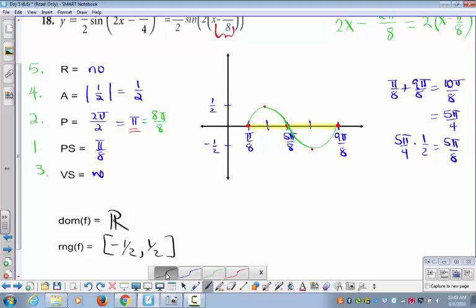Yeah, so how did you get 8 pi over 8? And also, how did you get 3 pi over 2 equal to 5? Okay, so the 8 pi over 8: when you have the number pi, you can think of it as over 1. And I multiplied numerator and denominator by 8 to force it to have the same denominator as the phase shift.